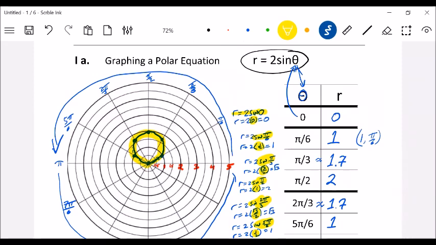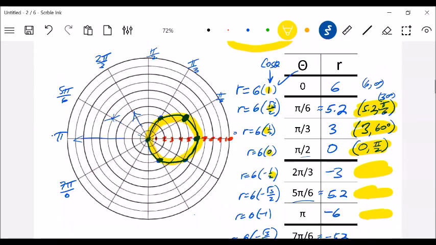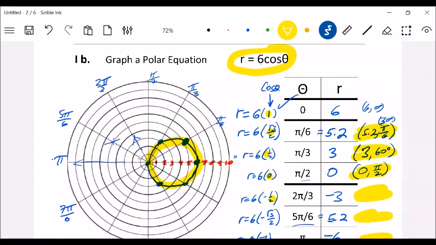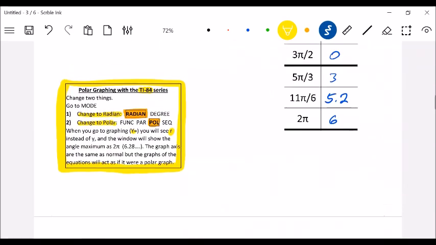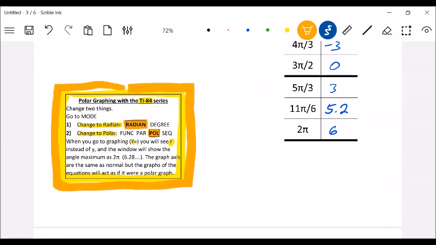Notice it's sort of going up on this 0 and then going like an up arrow down. And for cosines, they go left to right, in a way. But they're done the same way, where you put in the correct amount for the cosine of whichever angle. And remember that you can graph on the graphing calculators using the method that's shown here.